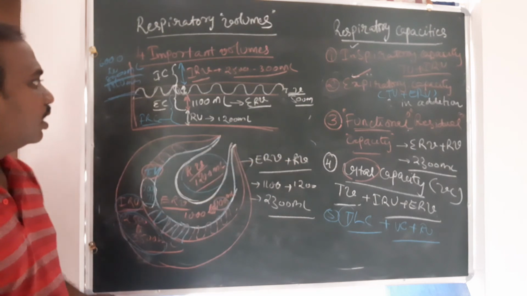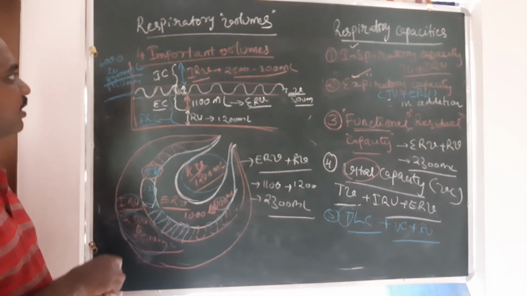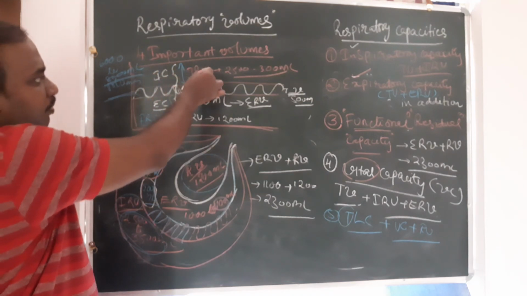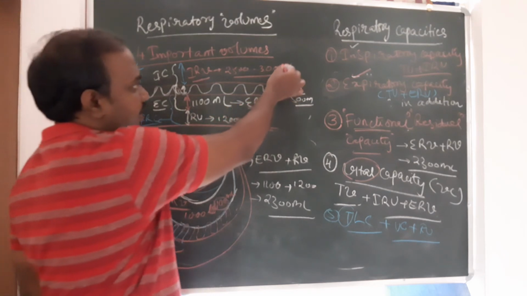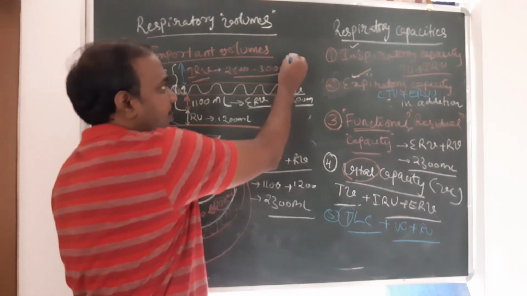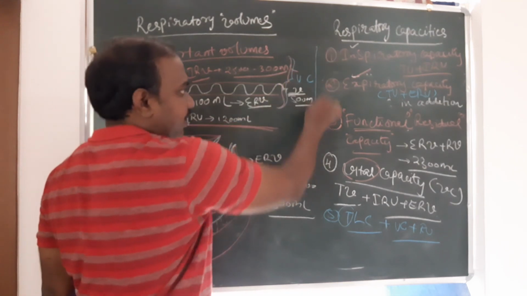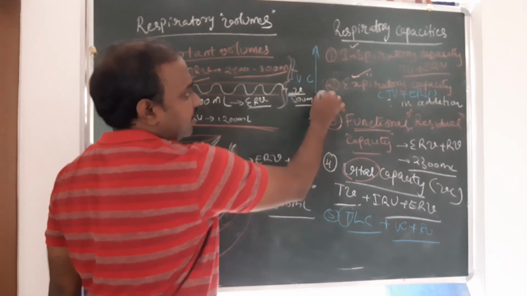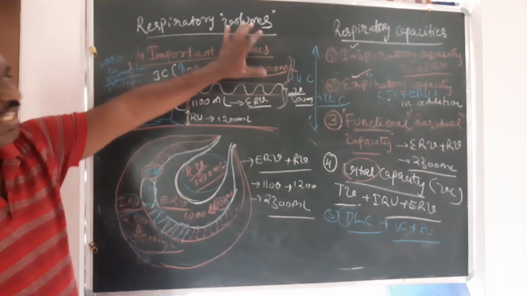Then total lung capacity. If I say vital capacity, what will be included? Inspiratory reserve volume, tidal volume, and expiratory reserve volume. These three will be included. I'll write it down: this will be VC, and this will be TLC. Hopefully we are very clear about this.